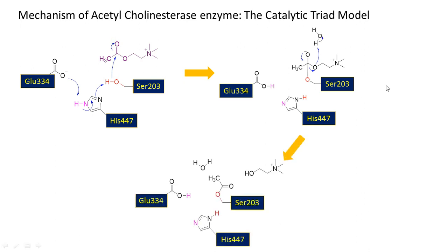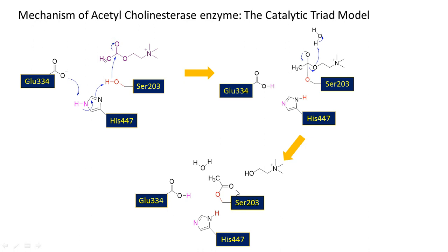So this is the result where serine is acylated. Serine is acylated. So this is what I said, transesterification means acetylation, and regeneration of the enzyme are the two stages of the mechanism of acetylcholinesterase enzyme activity.